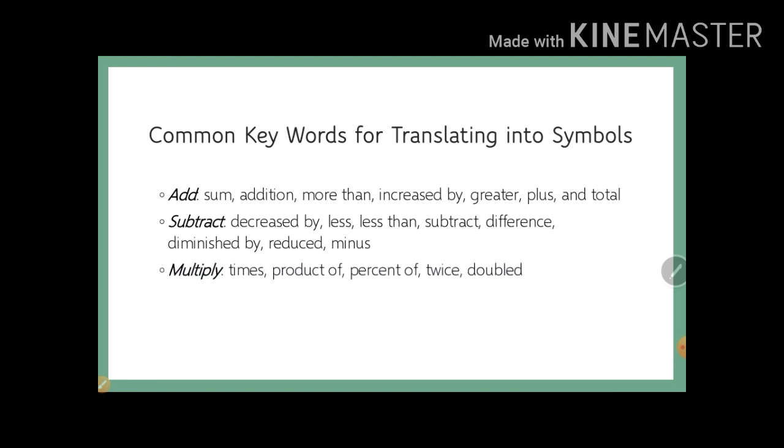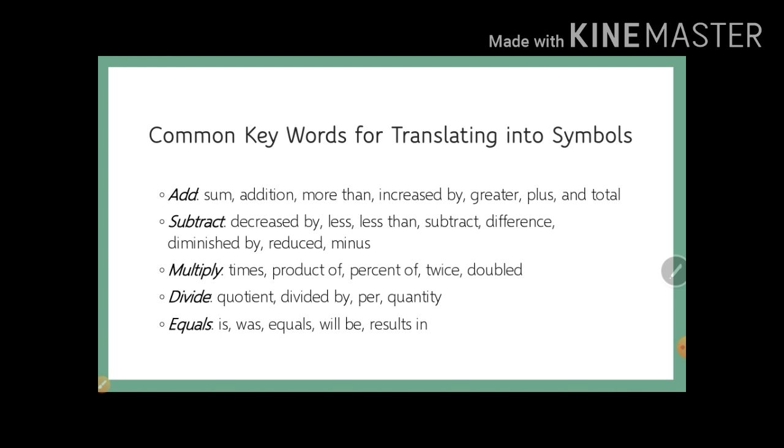In multiplication, we have times, product of, percent of, twice, doubled, and etc. In division, we have quotient, divided by, per, and quantity. In equals, we have is, was, equals, will be, result in. Those are the common keywords for translating into mathematical symbols.